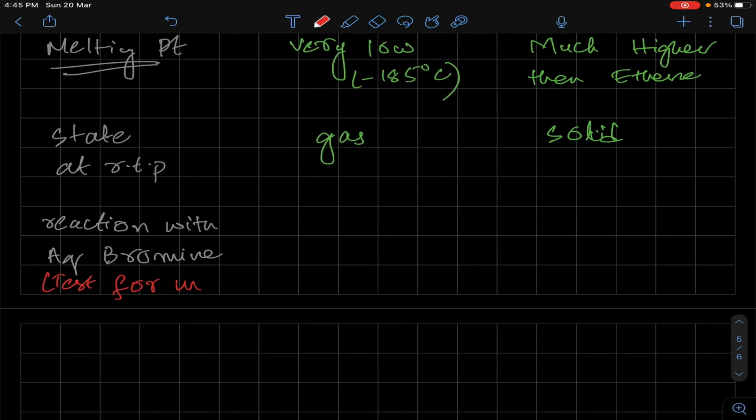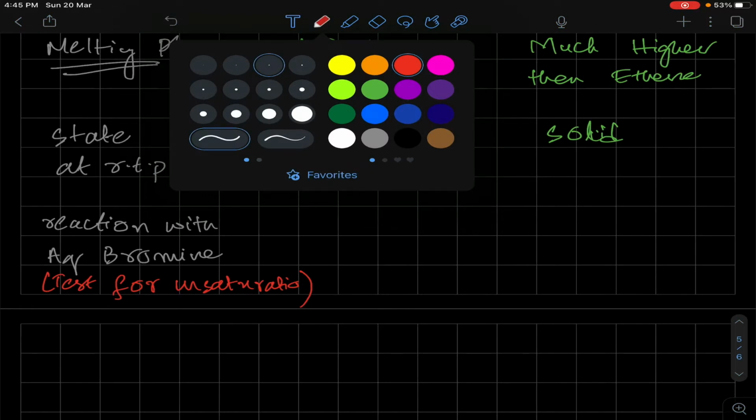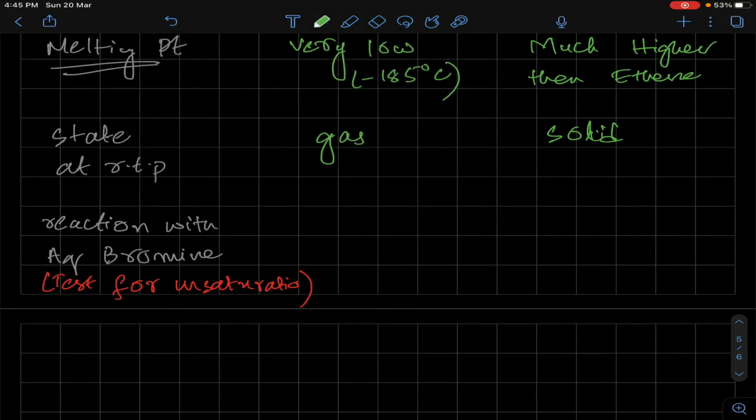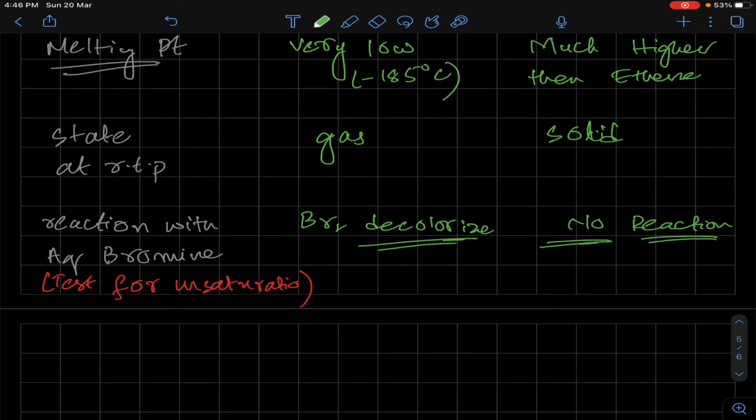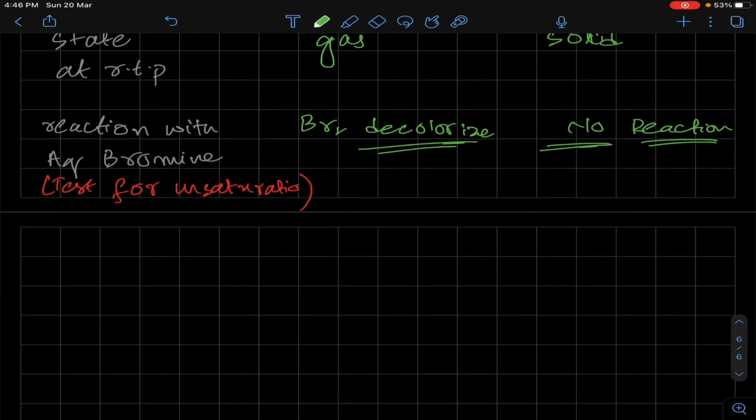If bromine decolorizes, that means an alkene or unsaturated compound is present. So with ethene, because it contains a double bond, when we react it with aqueous bromine, the bromine decolorizes, because it reacts. But with polyethene, because there are no double bonds, there is no reaction and no color change.